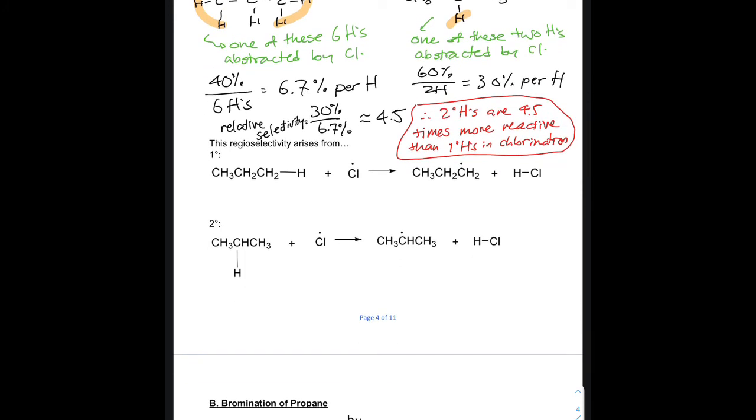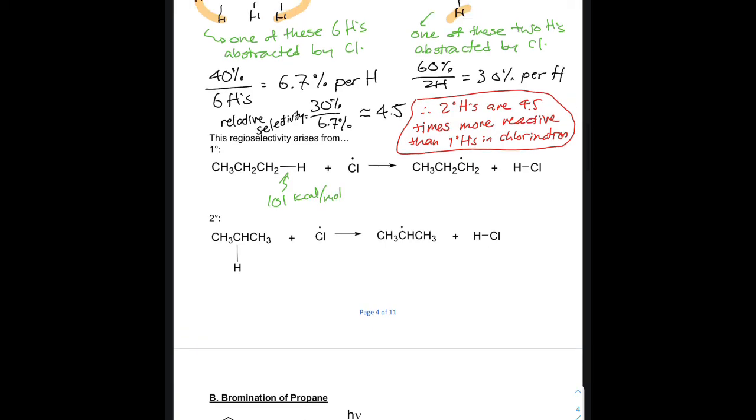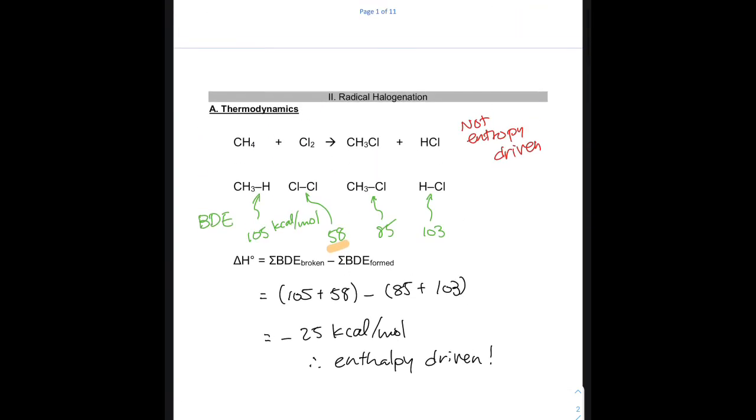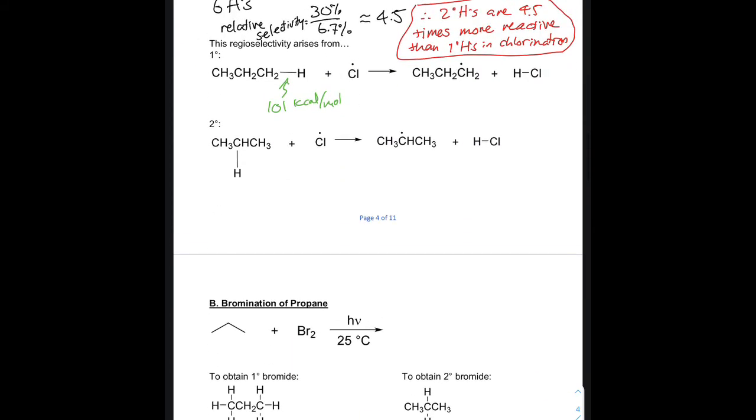Does that make sense? And thermodynamics wise, let's think about that. These numbers, again, I'm getting from thermodynamics data tables like before. In the primary chloride case, the bond you're breaking is the primary carbon-hydrogen bond, which is worth around 101 kilocalories per mole. And you might wonder, why is that different from the number we quoted earlier? Remember, 105 kilocalories per mole is for the methane CH bond, so it's a little different from the primary alkane CH bond.